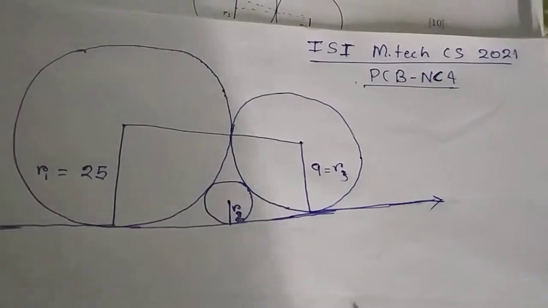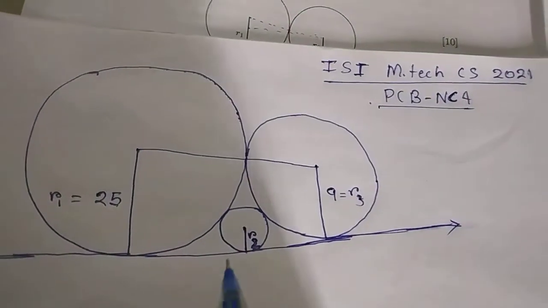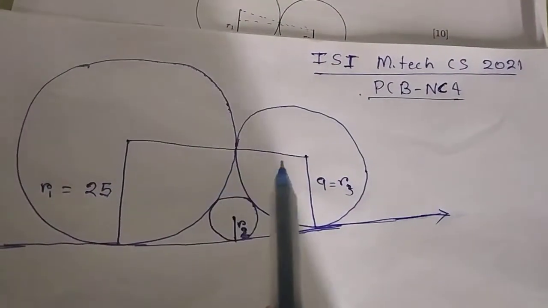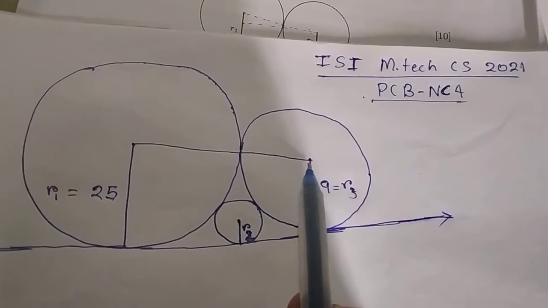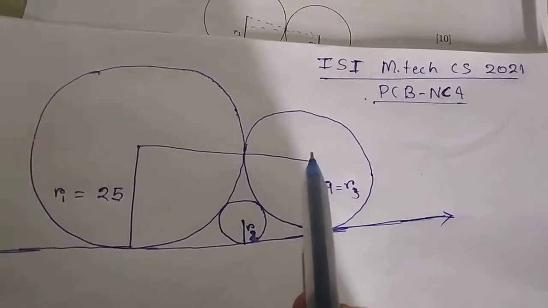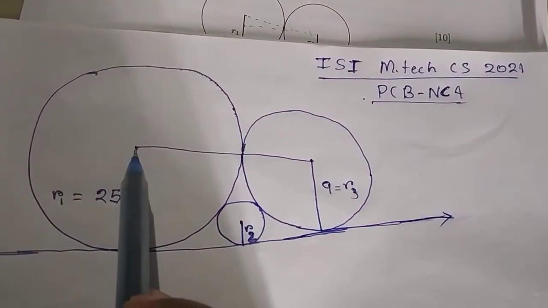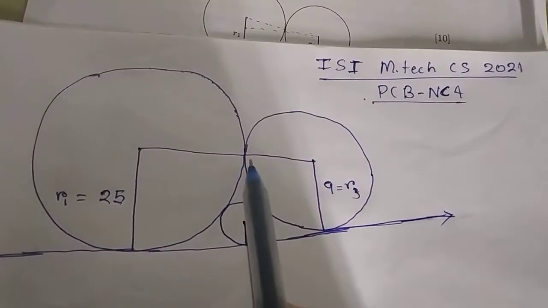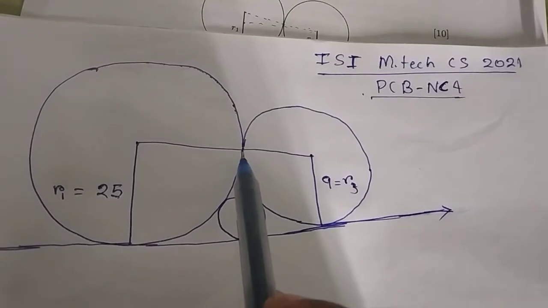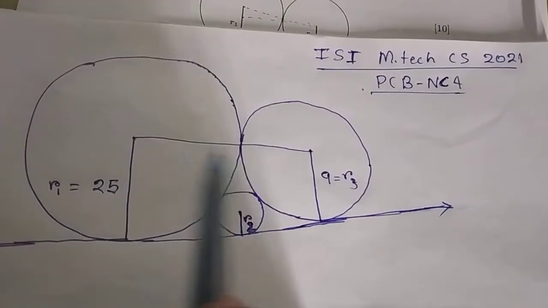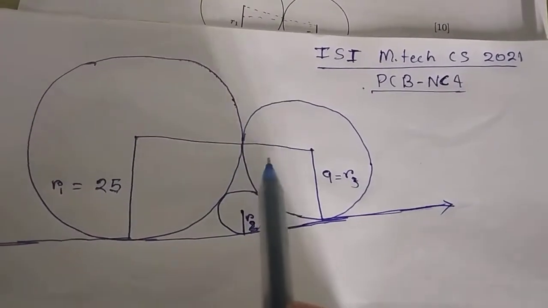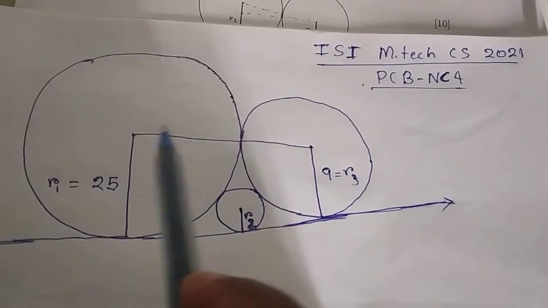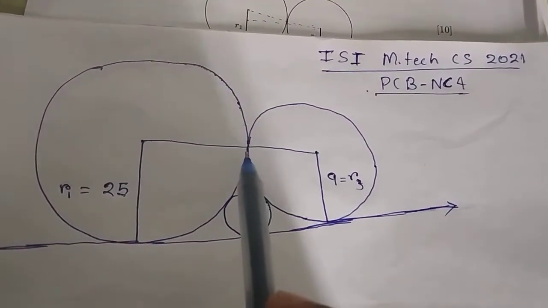We know that there is a theorem from 10th level that if we connect the two centers of circles and their touching point, then this will make a line. So don't think that this is going to be there and this is going to be there.